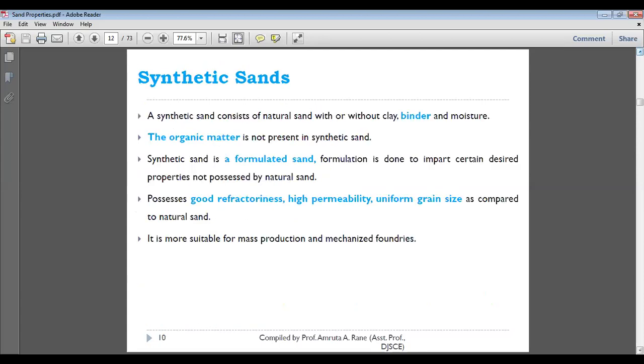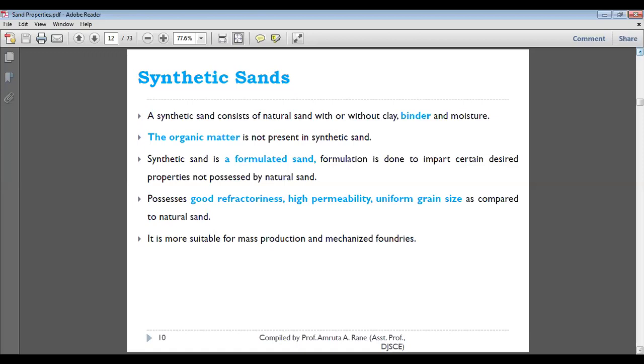Then synthetic sands. These are sands with or without clay, binder, and moisture. Organic matter is not present in synthetic sand, which is formulated sand. This is the most suitable for mass production and mechanized foundries.